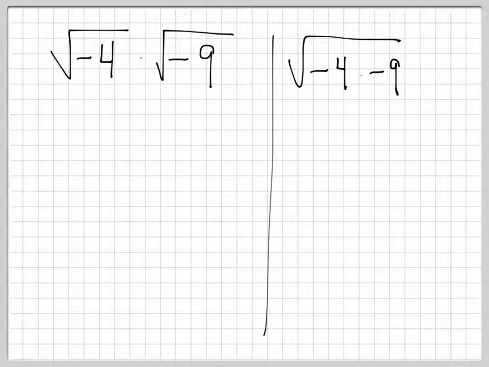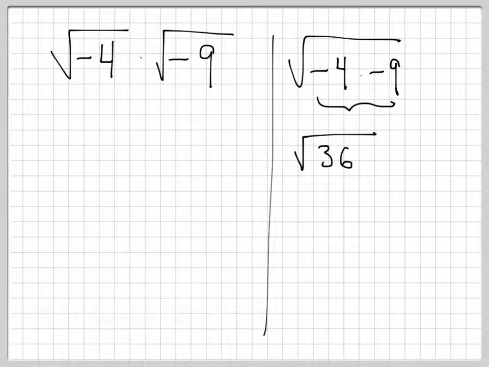On the right-hand side, we have two negatives, which when you multiply give you a positive. So we get radical 36, which again evaluates to 6.